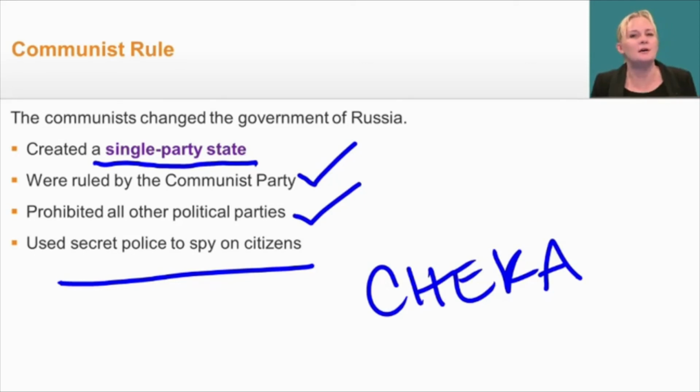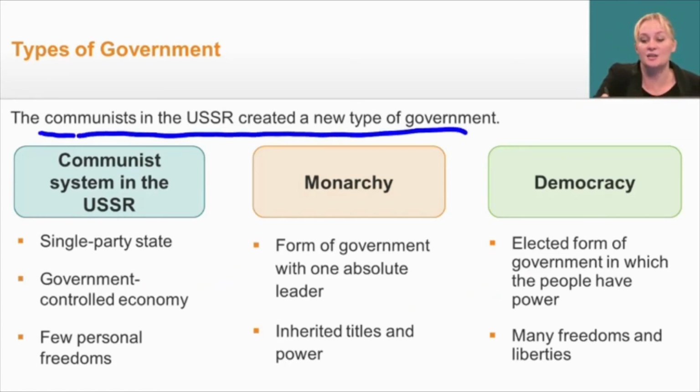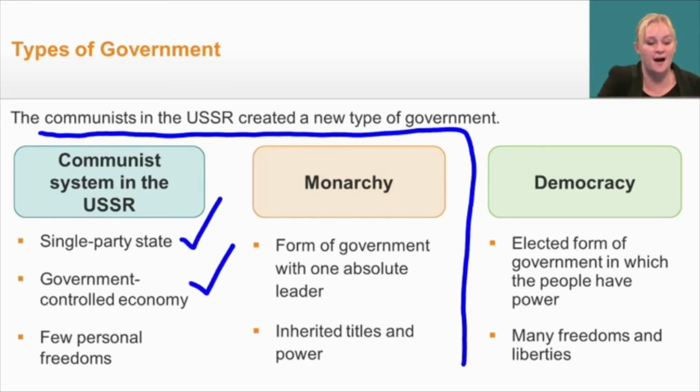So let's take a look at how this change in government looked compared to other forms of government. Now, the communists in the USSR created a new type of government. They created a single-party state, which was a government-controlled economy, and there were very few personal freedoms.